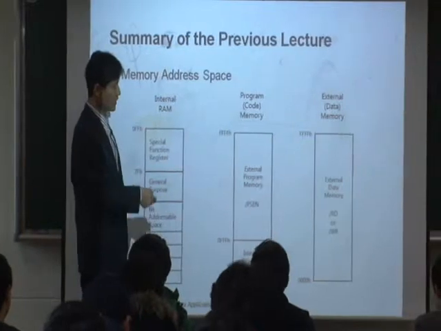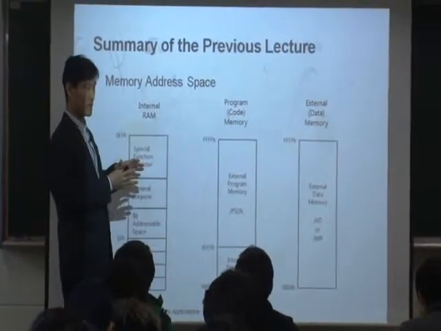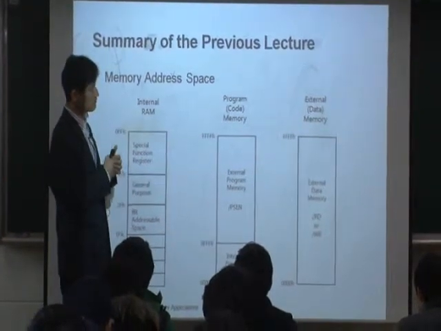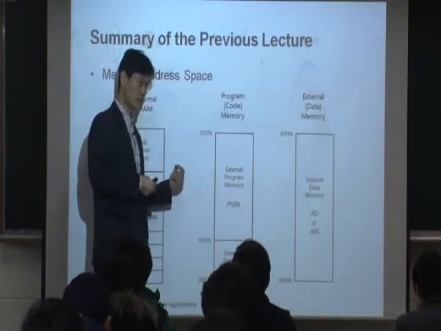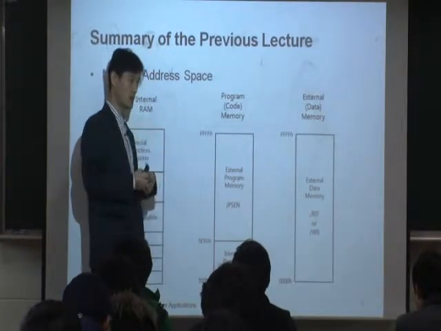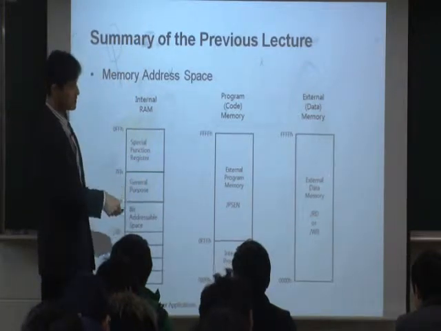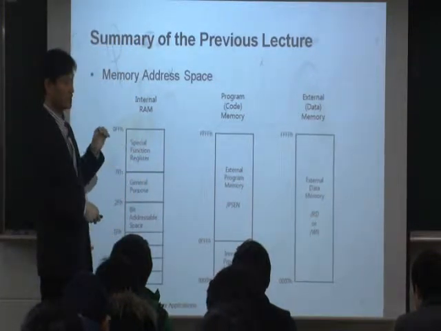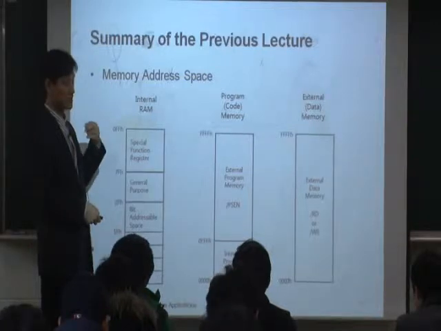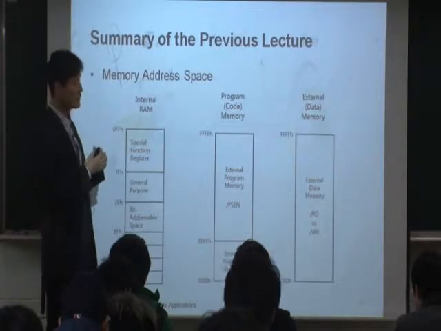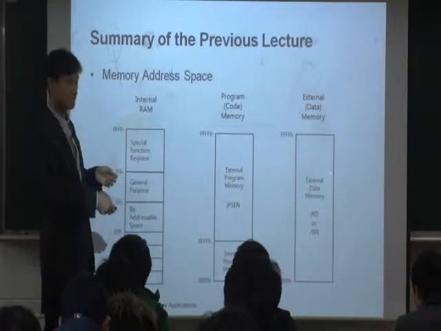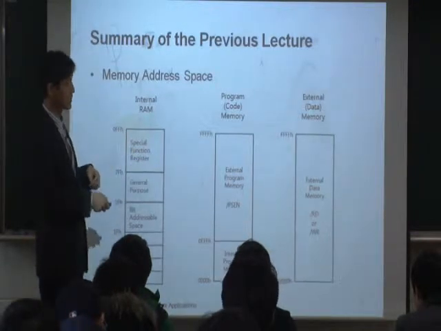So this is where you put your program, and later the microprocessor reads it one by one and executes line by line. Whereas this memory is to put your temporary values. If you declare A, B, C, D, for example, those temporary values can go here. This is for data.